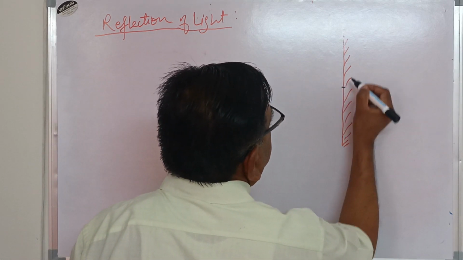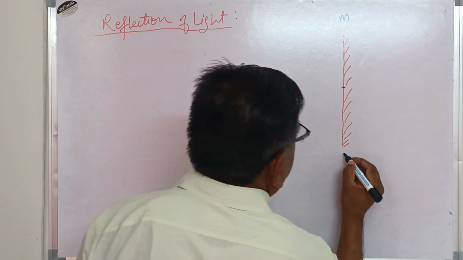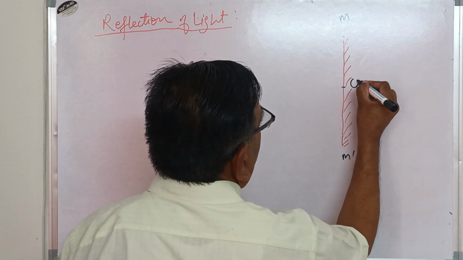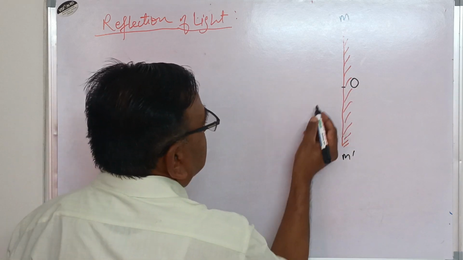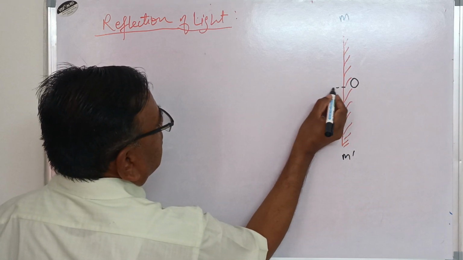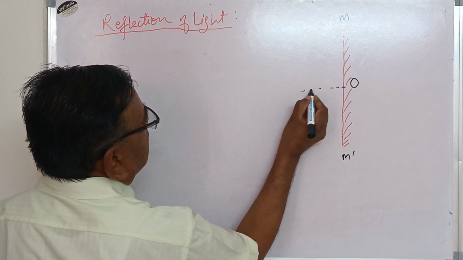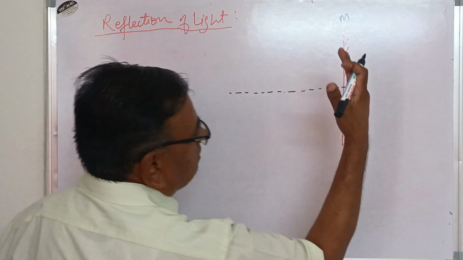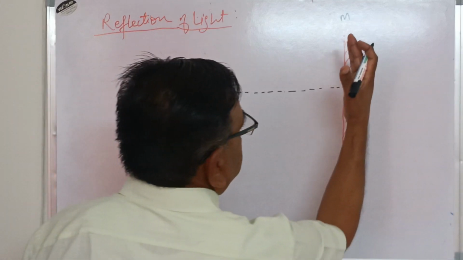Let this be the mirror, M dash, name the mirror. This is the point O on the mirror. We have to draw a normal line perpendicular on the surface.